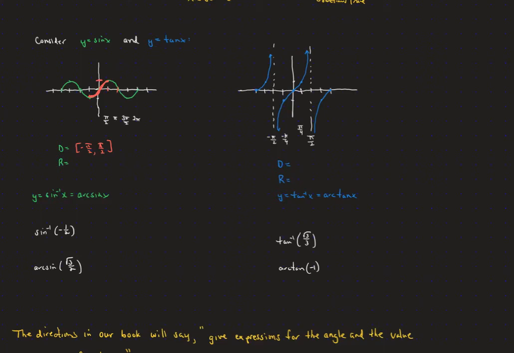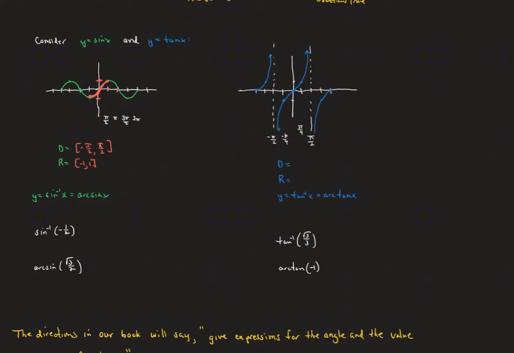The range, we will get y values going from negative 1 to 1. So if we restrict our domain on the sine curve to negative pi over 2 to pi over 2, we'll get a range of negative 1 to 1.